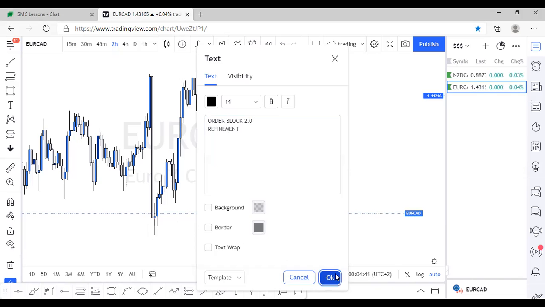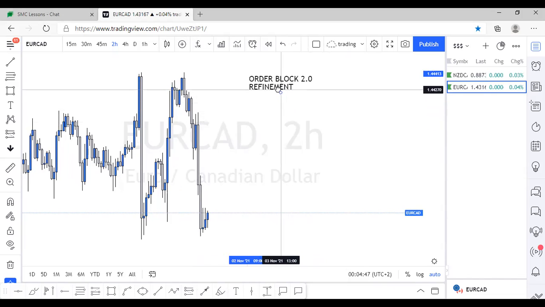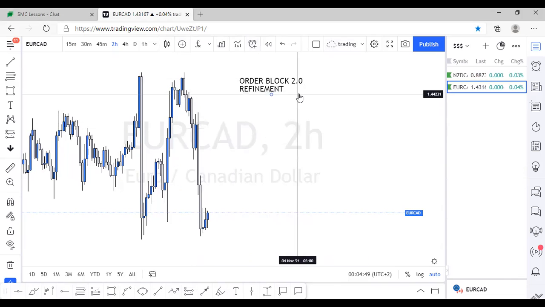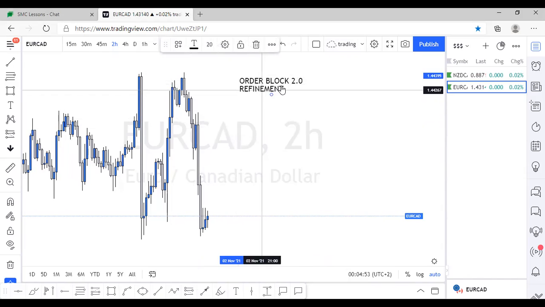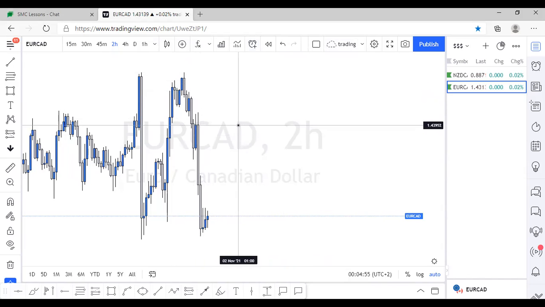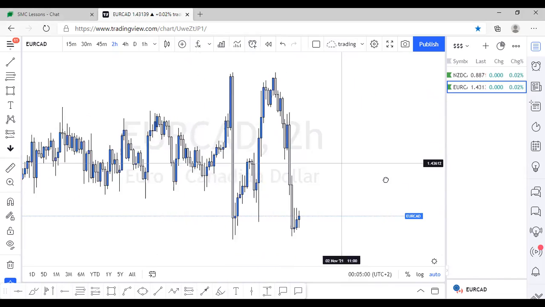You get the point? So you can see this is order block 2.0, and then refinement. I just want to show you guys a few things.